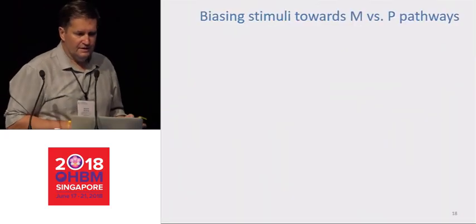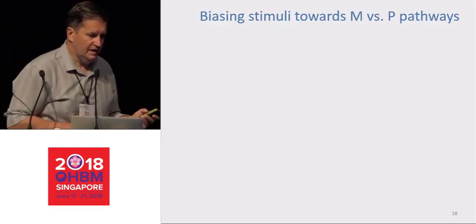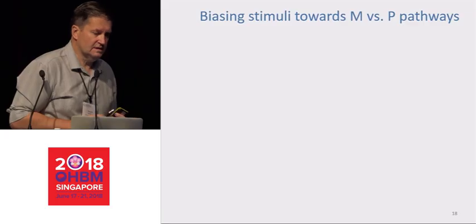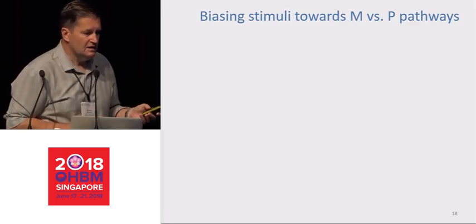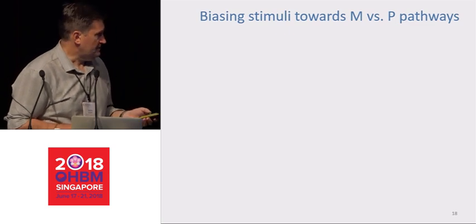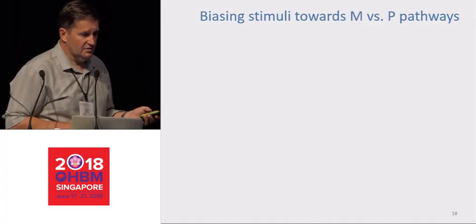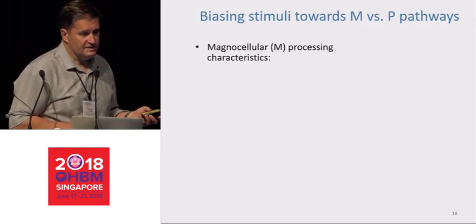One important consideration for making these line drawing scenes was to be able to bias stimuli towards the magnocellular and parvocellular pathways more easily, to study their contributions to threat prediction. About 10 years ago, let me go over quickly the qualities of these pathways.